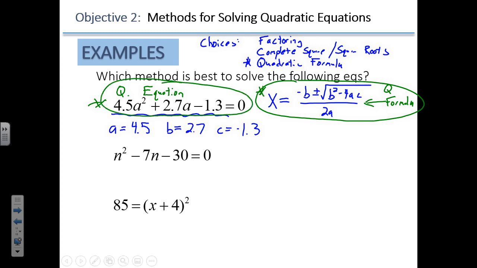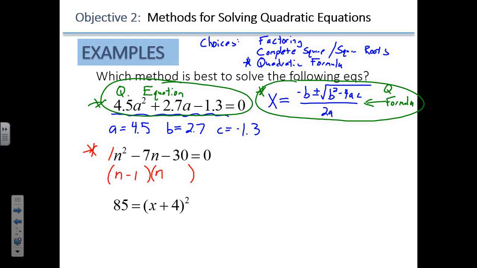Okay, our second one, n squared minus 7n minus 30 equals 0. Would you factor, complete the square, or use the quadratic formula? Well, you could use the quadratic formula, but notice that this factors really easily. We know that it's going to factor into (n)(n) because the leading coefficient is 1.